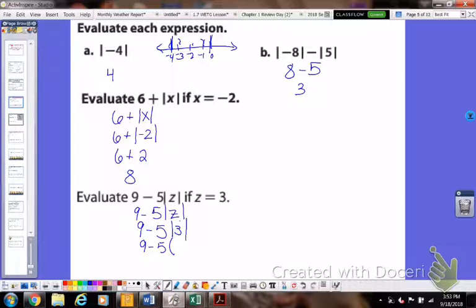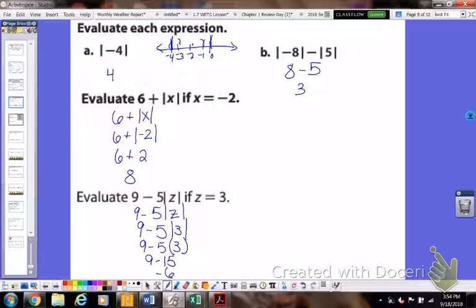The absolute value of 3 is 3, so 5 times 3, however you want to show that multiplication. Now order of operations tells us we do multiplication before subtraction. So 9 minus 15. And 9 minus 15 is negative 6.